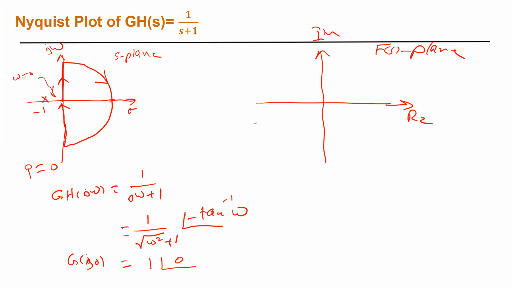Where do I locate this point in the F of s plane? It has magnitude 1 and angle 0. This is 0, this is 90, this is 180, and this is 270, or minus 90.